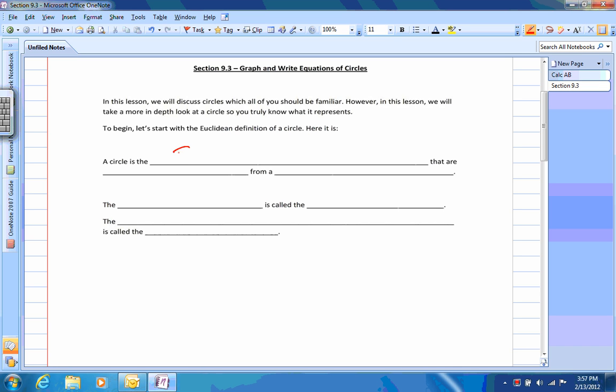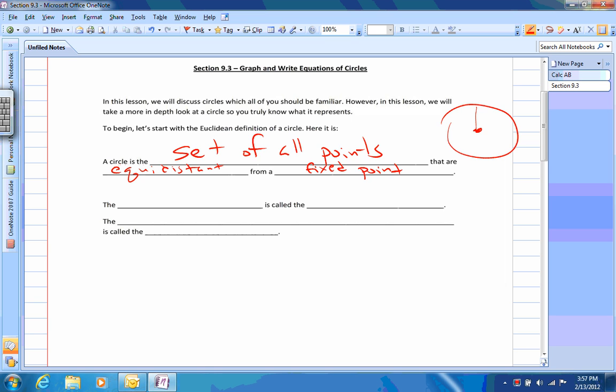A circle is a set of all points that are equidistant from a fixed point. Which makes sense, because if you have a fixed point and you draw a circle, that wasn't a very good circle.